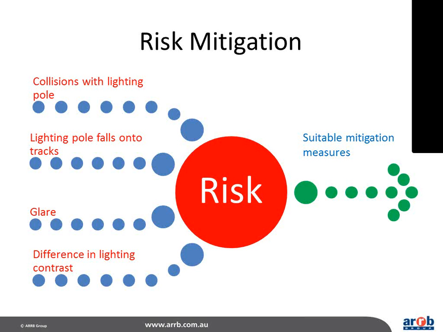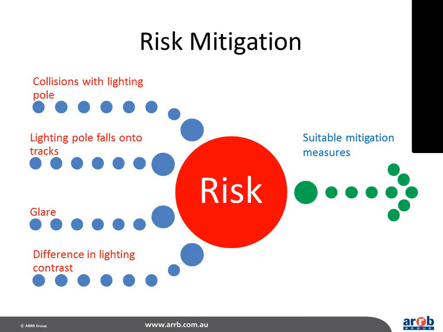The glare could distract not only the vehicle driver approaching the railway crossing, but also a train driver approaching the crossing. And there's also a risk of a lack of difference in color contrast. If there's a lack of a difference, a driver may just continue driving across. So you need to look at this risk and develop suitable mitigation measures.